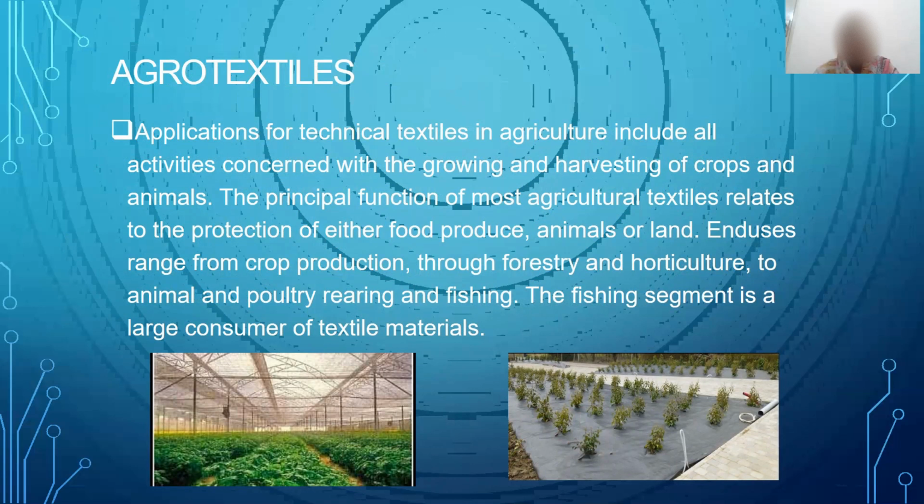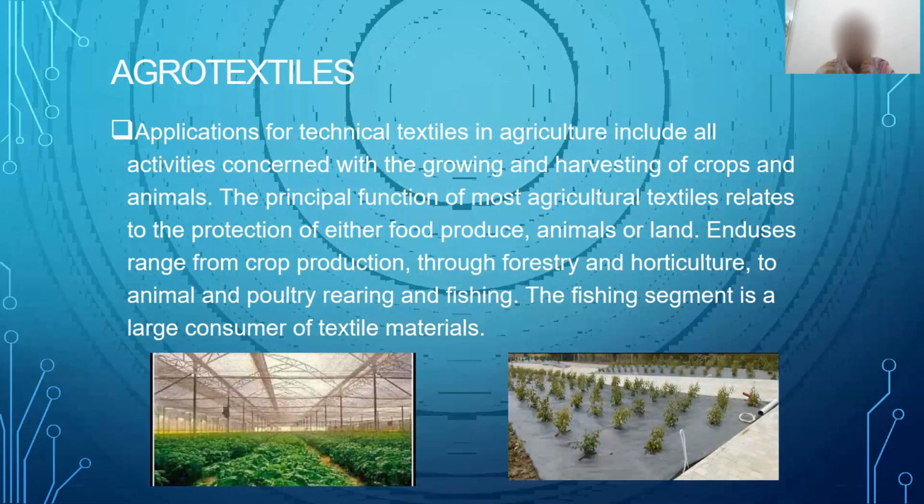Applications for technical textiles in agriculture include all the activities concerned with the growing and harvesting of crops and animals as well. The principal function of most agriculture textiles relates to the protection of either food product, animals, or land. Industries range from crop production through forestry and horticulture to animal and poultry rearing and fishing.